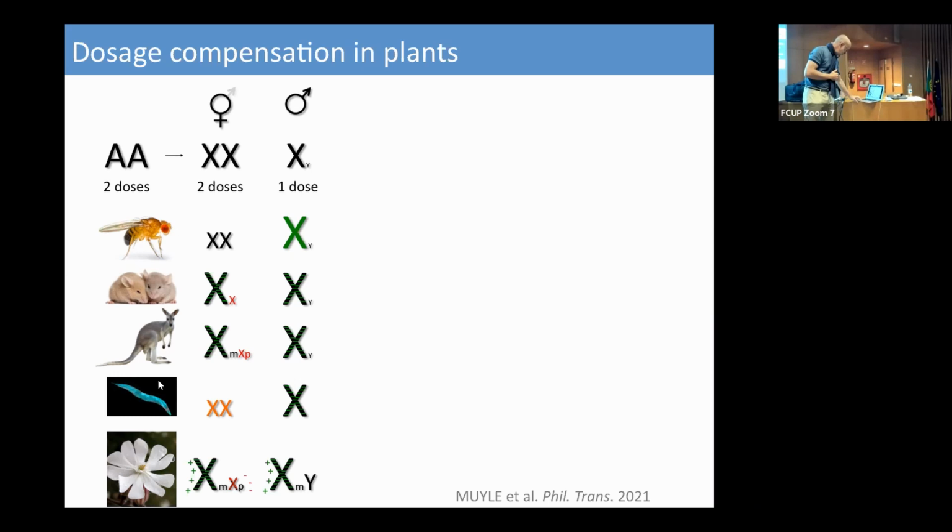I'm sure you heard about it. And in C. elegans, it's overexpression of the X in both sexes and downregulation of both X's in hermaphrodites. C. elegans has hermaphrodites and males.